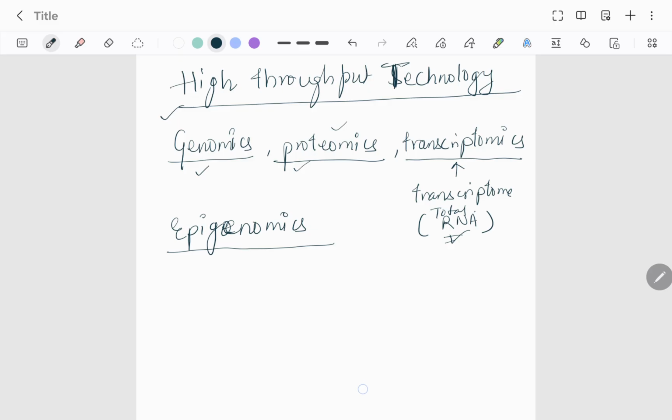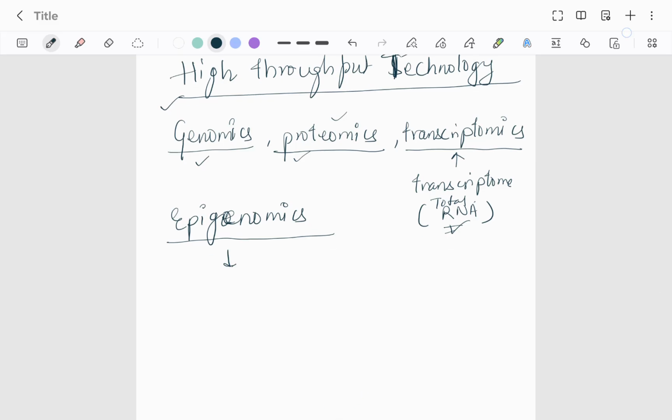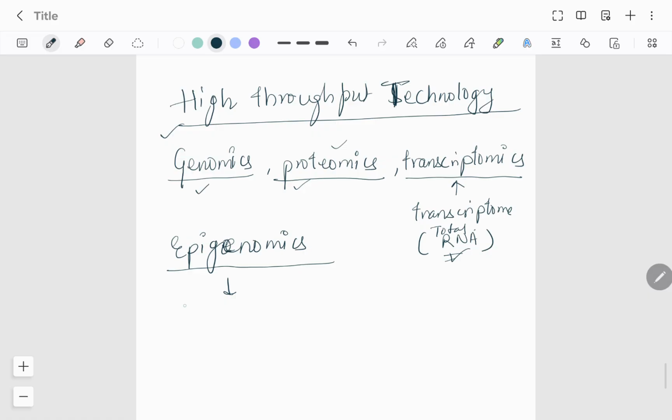Epigenomics, in which you study whatever chemical or structural modifications are there in DNA. So how are these things possible?